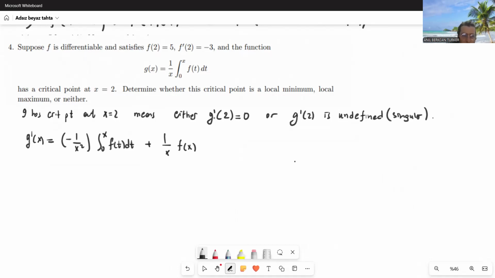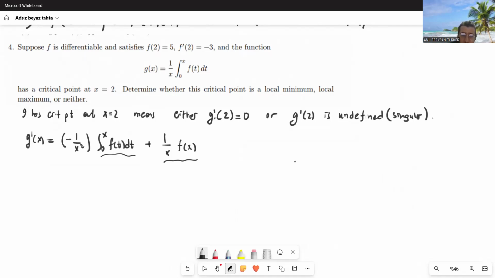So let's also, do we need to simplify? No. So it says that g prime 2 is not defined, or is it defined? Let's check. When you put 2, this has no problem. This has no problem. And if it's differentiable and has a value at 2, so this is defined. This is also defined.